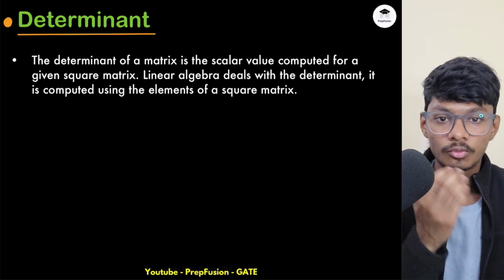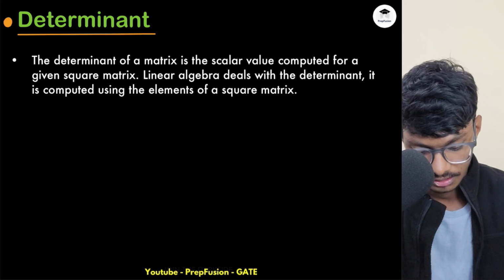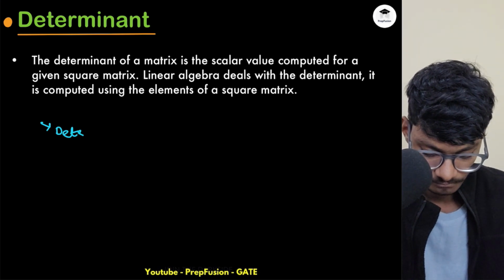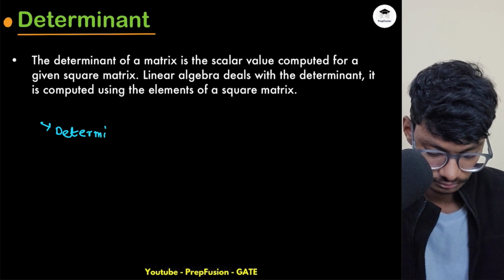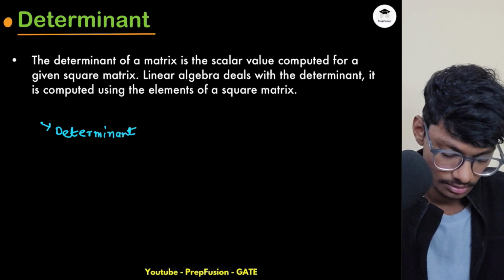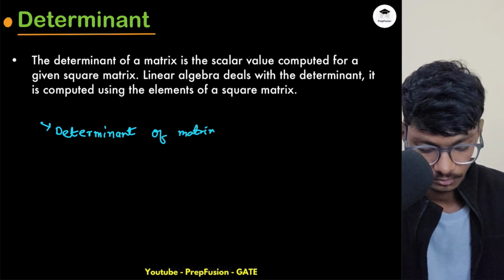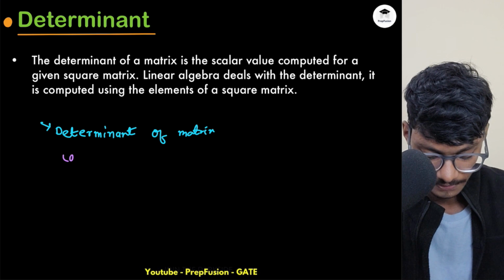So how do we represent it? Basically, the determinant of a matrix is like an operator.